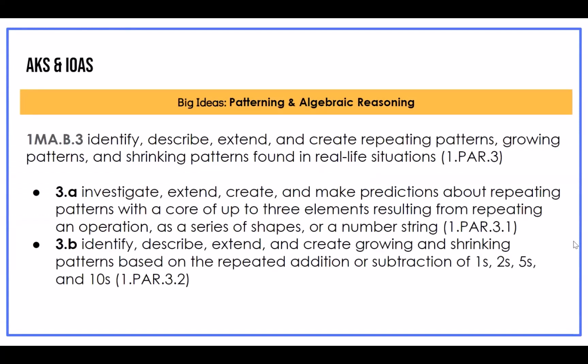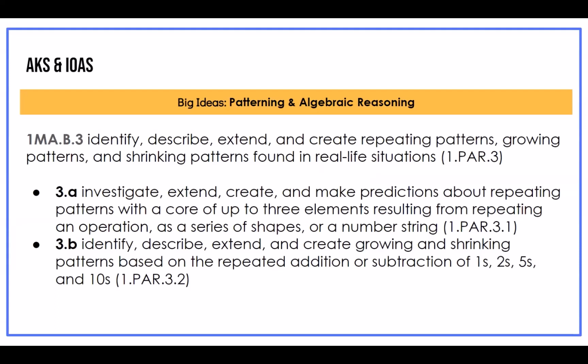Let's look at the AKS and IOAs we will be teaching in this unit. Unit 3B has one AKS, AKS 3. AKS 3 involves identifying, describing, extending, and creating repeating patterns, growing patterns, and shrinking patterns.